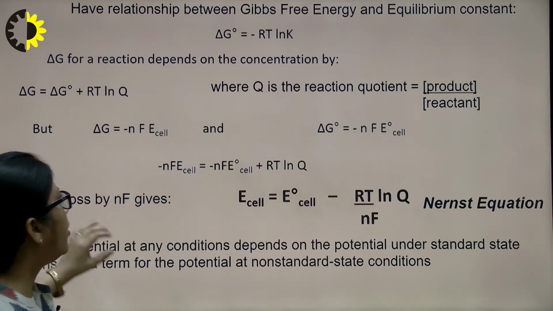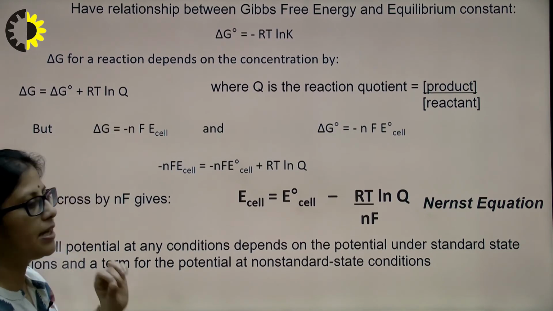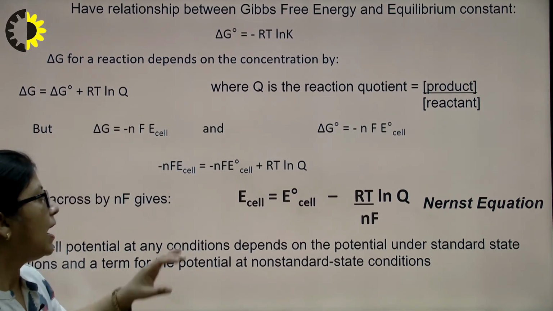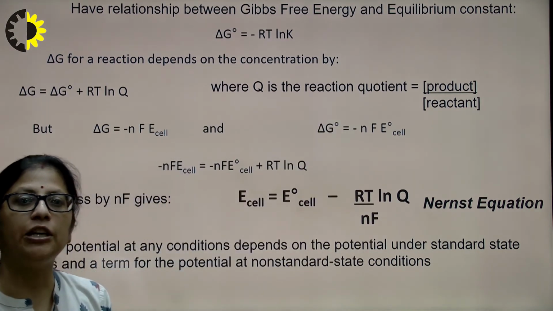But we also know that delta G is equal to minus nFE cell, that is the work done by the cell, and delta G naught is equal to minus nFE naught.